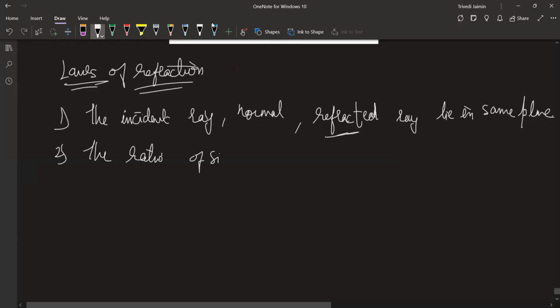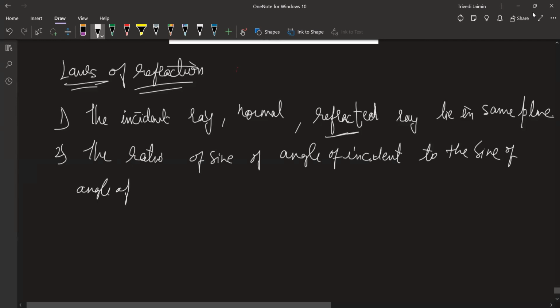The ratio of sine of angle of incidence to the sine of angle of refraction is constant, denoted by n, or in some books it is mu.